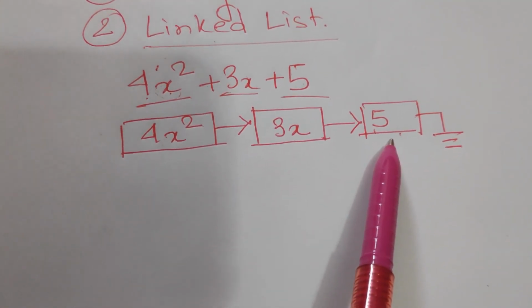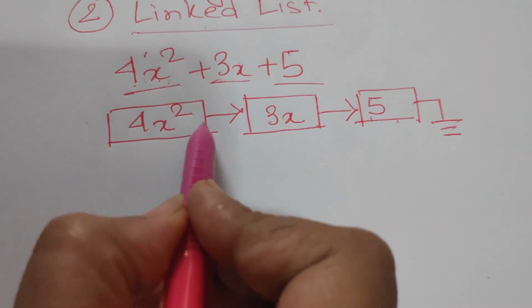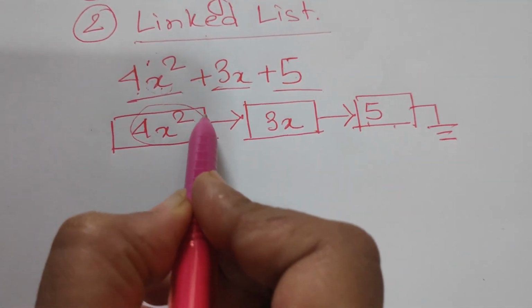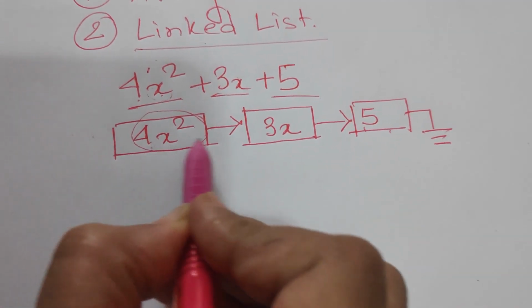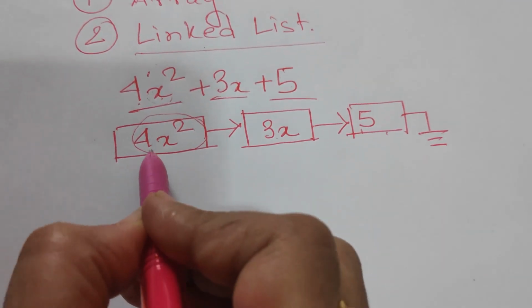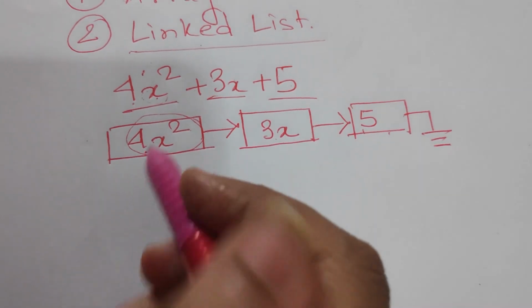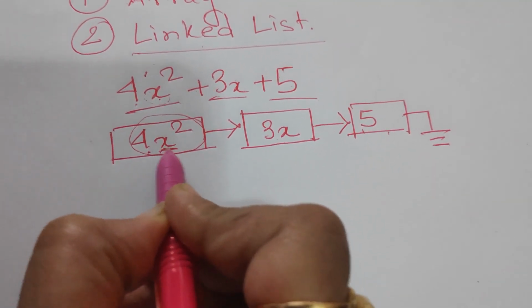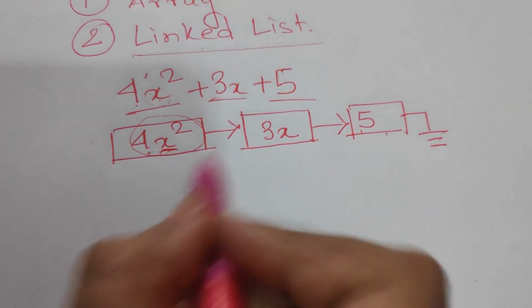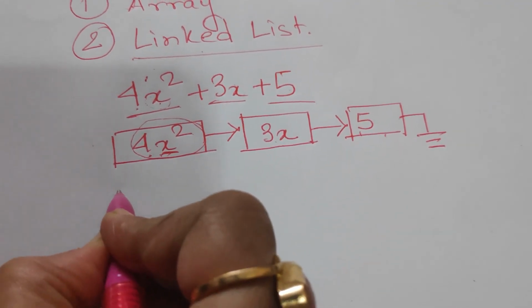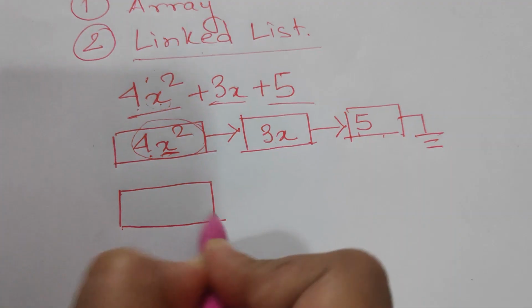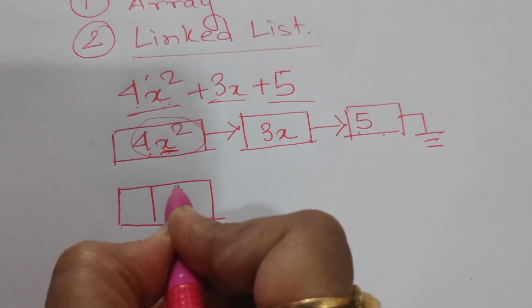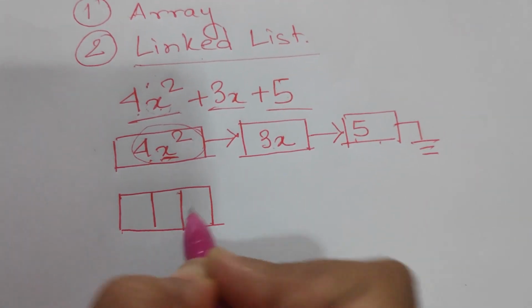Are we clear? Now, how do you represent this term in a node? It is clear that we have to represent each term in a node. How do we do that? As I told you, the variable is not represented. Each node of the linked list contains 3 parts.